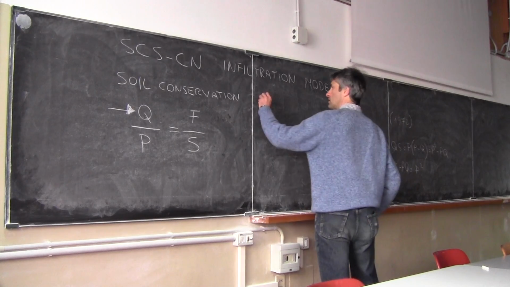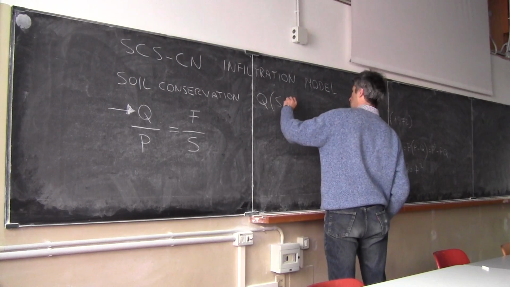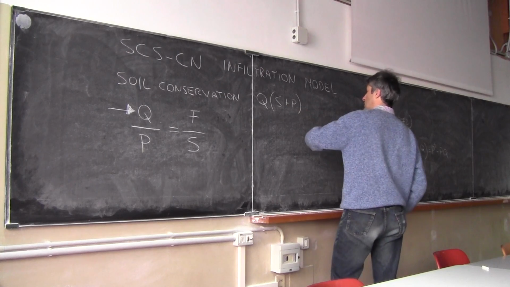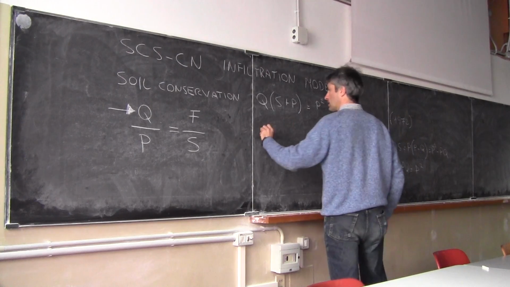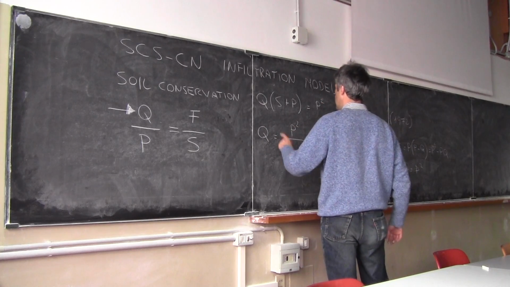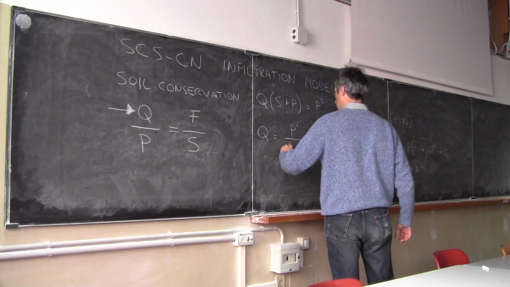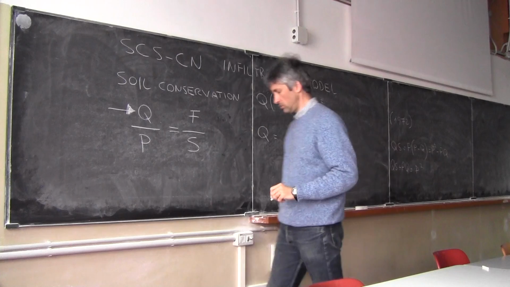Now we can write that Q, which multiplies S plus P, is equal to P squared, and therefore we can derive Q as the ratio between P squared at the numerator and P plus S at the denominator.